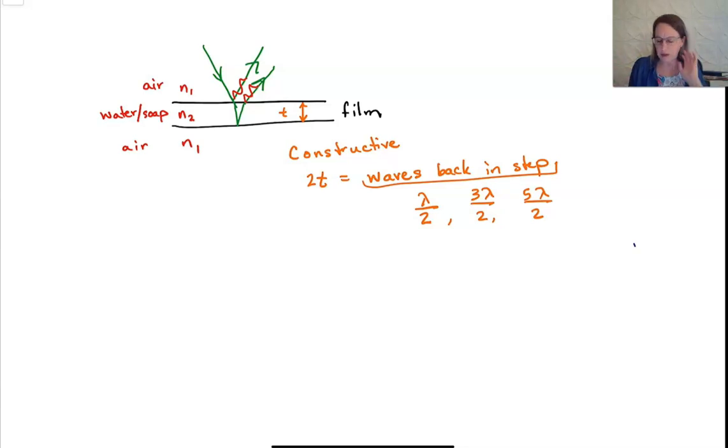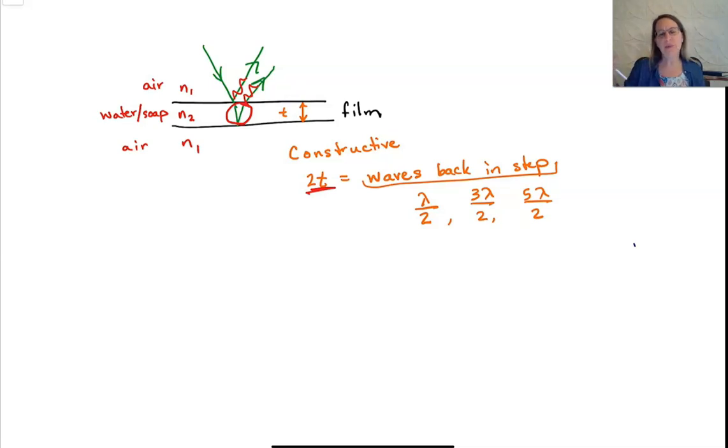So it doesn't matter, well, it does matter, but you don't need to worry about that. It just means that this distance right here, 2 times the thickness, is equal to half a wavelength, 3/2 of wavelengths, 5/2 of a wavelength, an odd number of half wavelengths, then we'll get constructive interference. And for this particular setup, if they are integer numbers of wavelengths, then we'll have destructive interference.